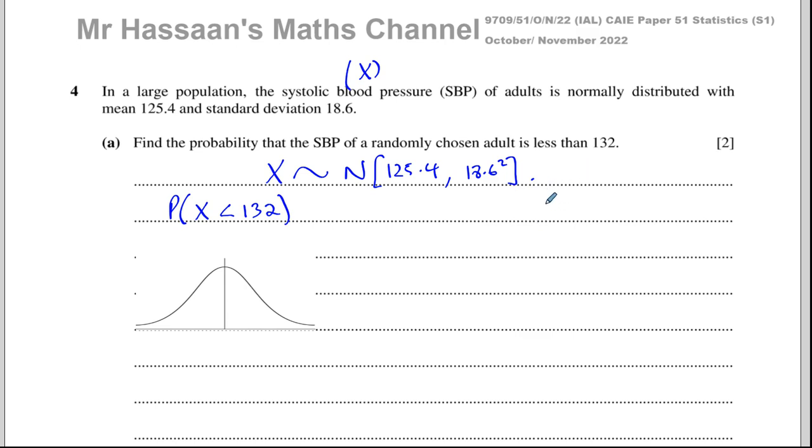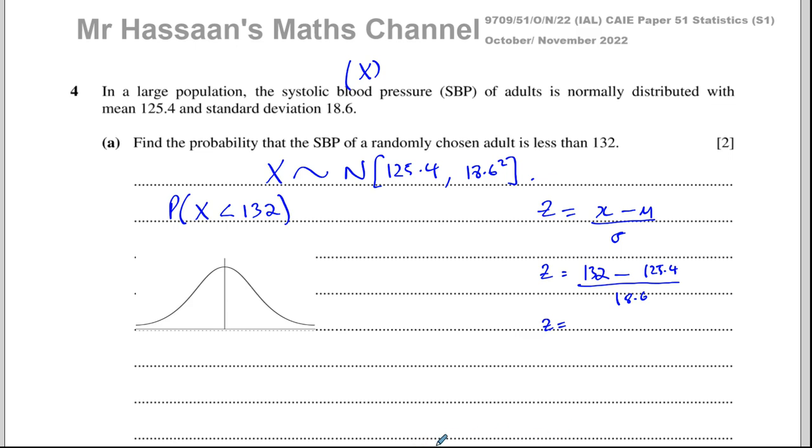To find the standardized score, we take the value that we have, subtract the mean, and divide by the standard deviation. In this case, the Z value is going to be X, which is 132, minus the mean, 125.4, divided by the standard deviation, which is 18.6. 18.6 squared is the variance. So this will give us the standardized score.